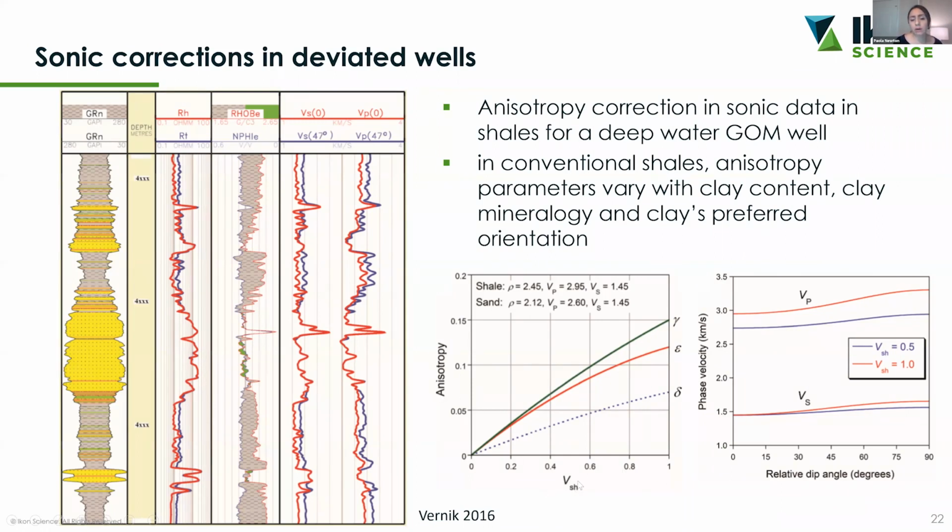We can see how nicely the Thomsen parameters and isotropic parameters correlate to the petrophysical property. Now, in this assumption, of course, we're saying that the sand itself is quasi-isotropic, and these are corrections that can be done. The before and after is in blue and red for S and P wave. Can be done if you know the dip angle of your beds. In conventional shales, by the way, the anisotropy parameters can vary by clay content, mineralogy, or even the preferred orientation of those clays.